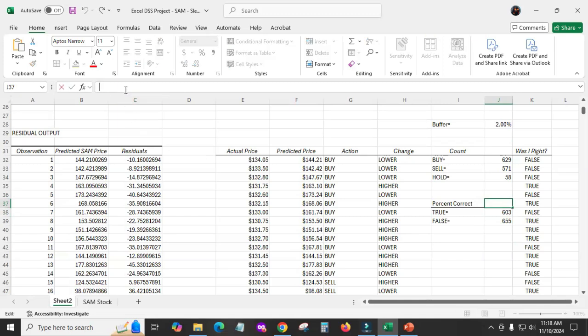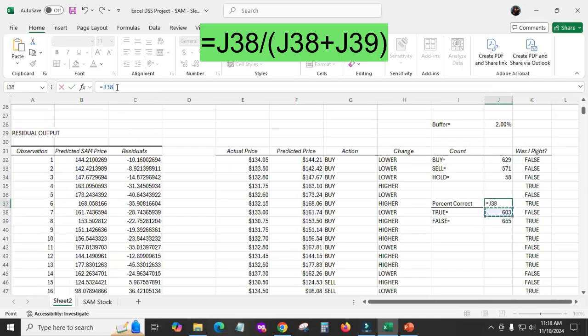Let's type in equals, and you want the amount true, which is J38, divided by, that's the slash, parentheses, J38 plus J39, close parentheses. All right, and that gives you a decimal figure.